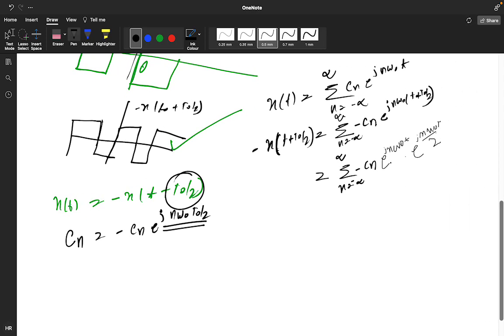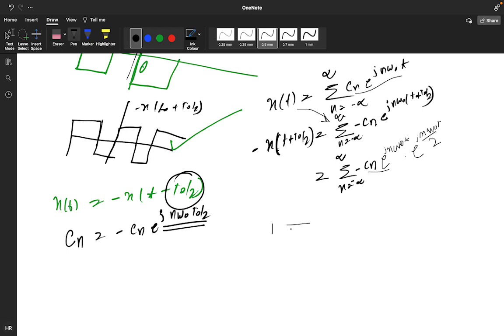So what is the meaning of this? This means, guys, if you equate both these equations, if x of t is equal to minus x of t plus t naught by 2, what do you get? Here also you are getting the same thing, here also the same thing.